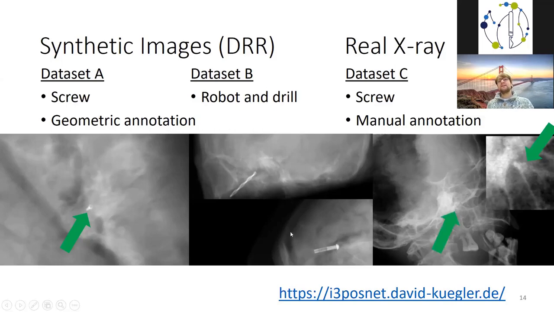So the quality and the type of X-ray imaging really leads to some difficult to work with data. And we published this data set on our web page as well. So this is published open science wise and free to use for everybody, all three data sets actually.